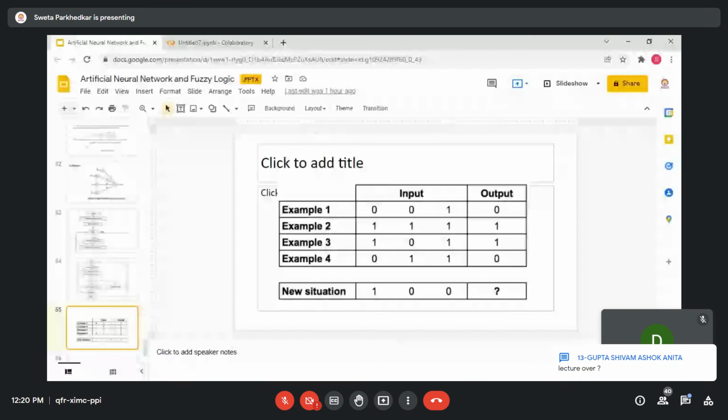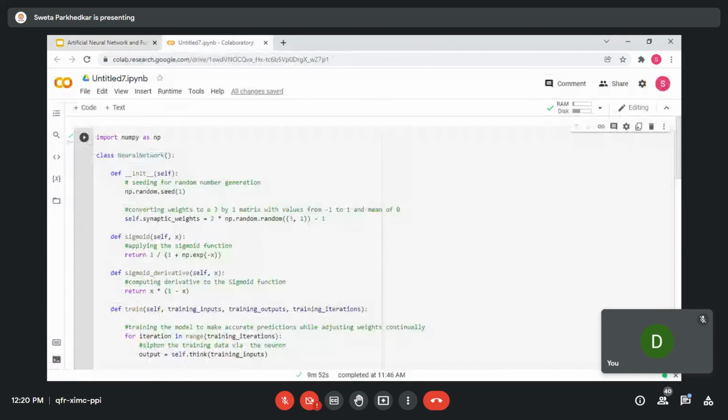Is it visible now? Yes, ma'am. Google Colab is visible. Yes, ma'am.